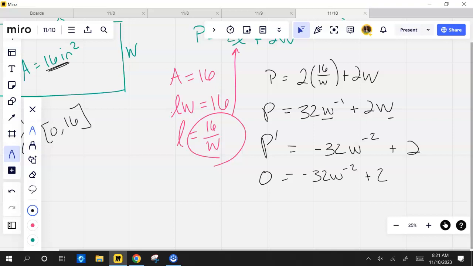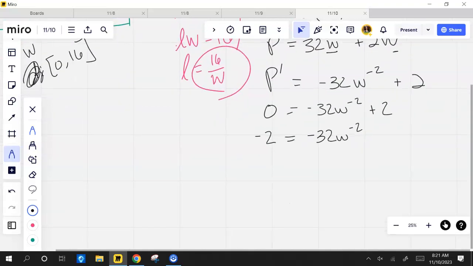Subtract 2. Divide by negative 32. Oh, we can do that, like that, multiplied. Oh, I see what you're saying.